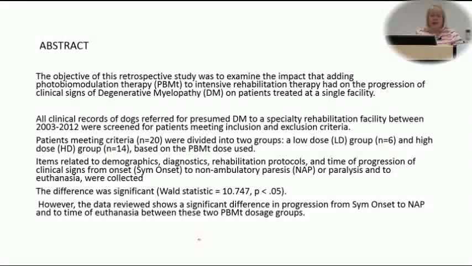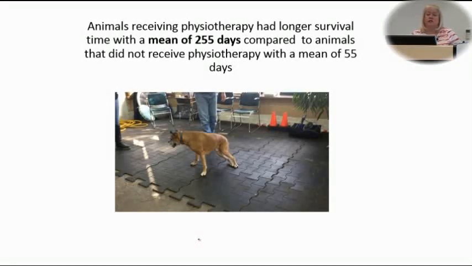And the data showed that there was a significant difference in progression from symptoms of onset to non-ambulatory paralysis and the time of euthanasia between the two photobiomodulation dosage groups. What she saw, the physical therapy and laser had longer survival, 255 days, compared to those who didn't.